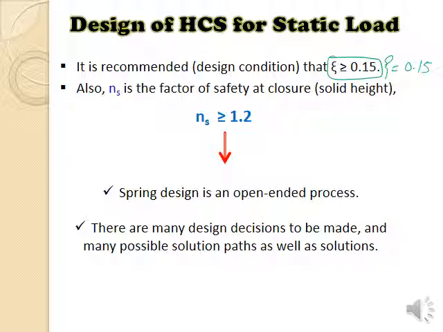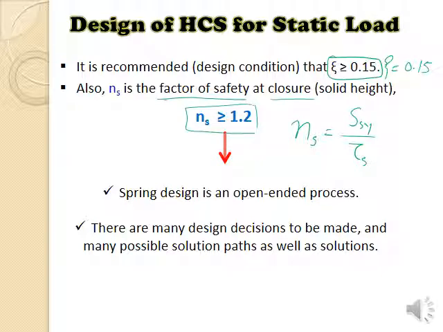The next one is what we call the factor of safety at closure. So we need to have a factor of safety. That factor of safety is defined as the yield strength in shear divided by the shear stress in the spring. And this should be greater than or equal to 1.2.